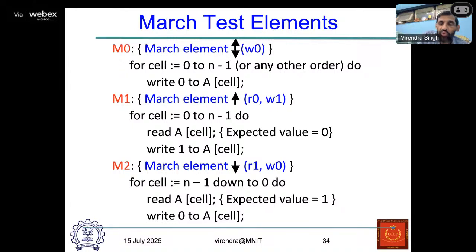So I do 2 scans of the entire memory array. In the first scan we do only one operation. In the second scan I did 2 operations, one reading and another writing. So march 1 ascertains whether some cell has a stuck-at 1 fault or not.